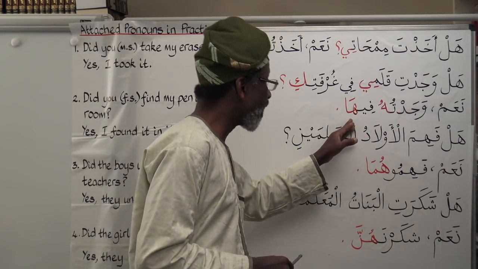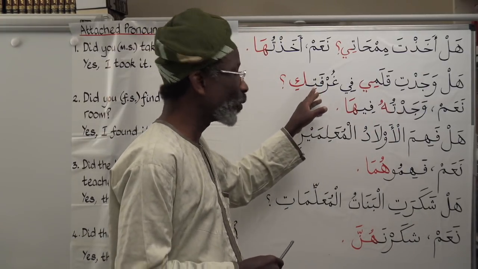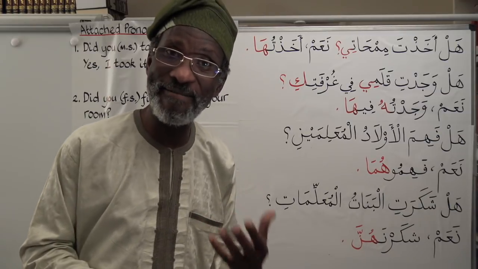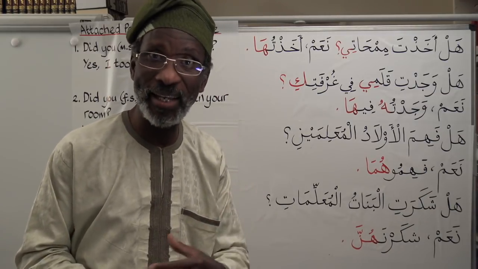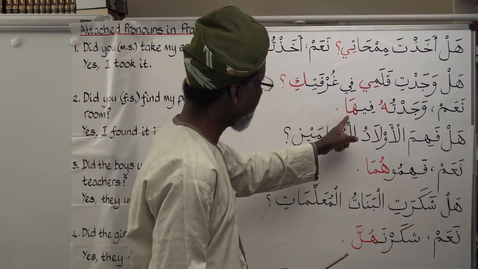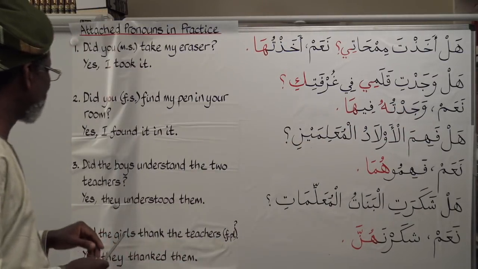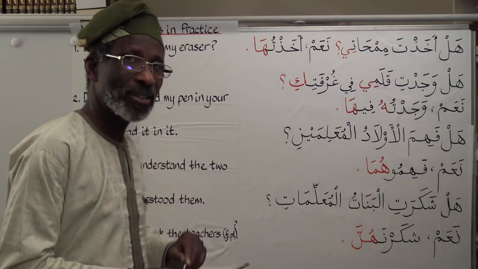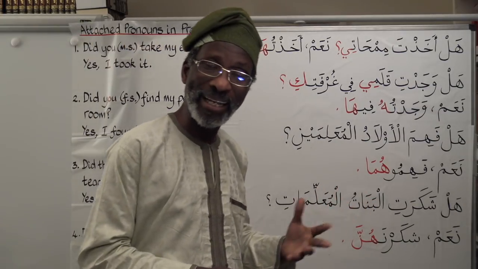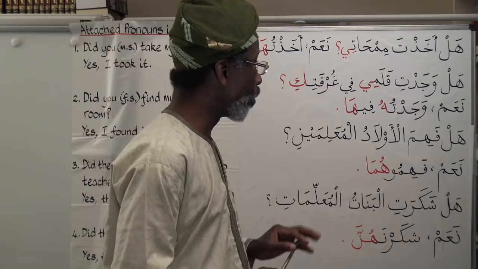Wajadtuhu fiha. This "ha" now is referring to ghurfatun, which is feminine. Room is feminine in Arabic. That's why we say "her". Naam, yes. Wajadtuhu, I found it in it. Literally speaking, in it, in the room.